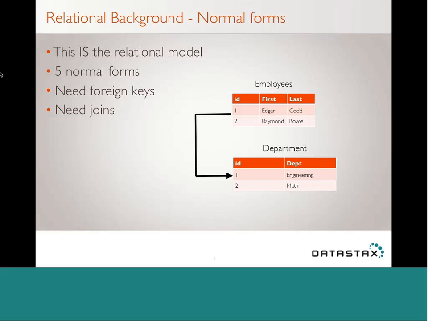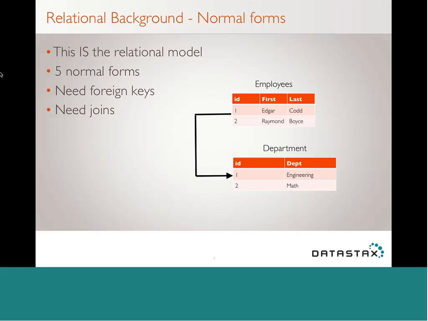But thinking about what you do with the relational model, here's the classic example. I think this is the Scott/Tiger database in Oracle. The employees and departments. So you have a list of employees, you have a list of departments, and then you do a join. So you have foreign keys, and the foreign key says, hey, these employees are related to this particular department. I'm going to join these together.